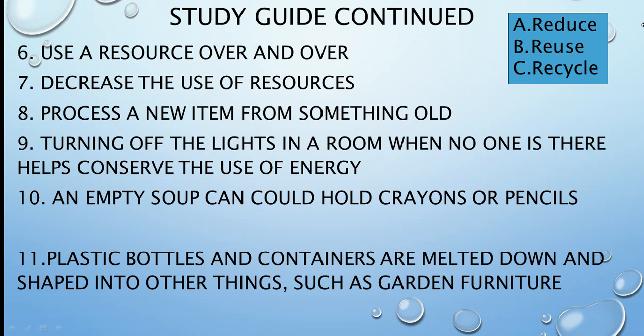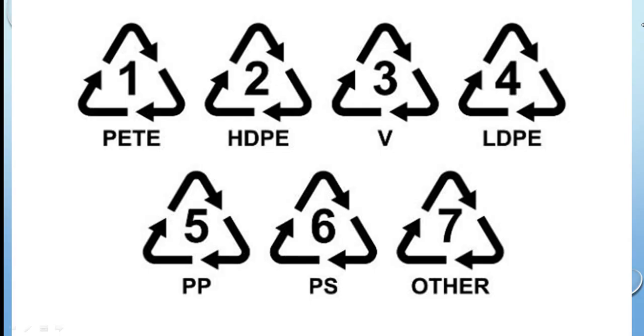Turning off the lights in a room when no one is there helps conserve energy. I would think reduce on that one. An empty soup can could hold crayons or pencils. There's reuse. I see how they could be recycled too, but I think recycle means you actually change it into something. Plastic bottles and containers are melted down and shaped into other things, such as garden furniture. That's definitely recycle, right? So you can talk with your folks about those and see what you think is the best choice for those.